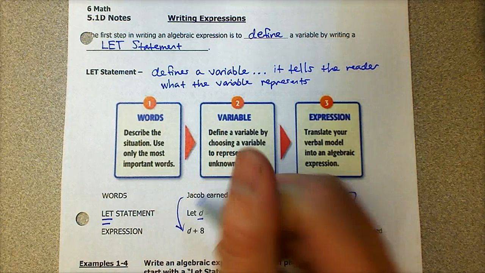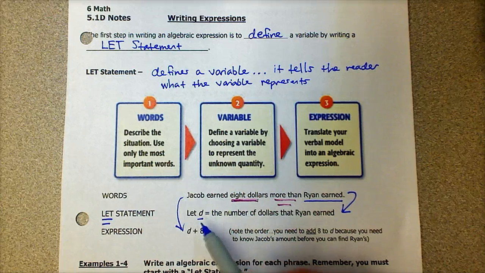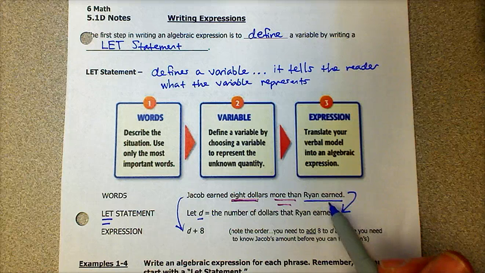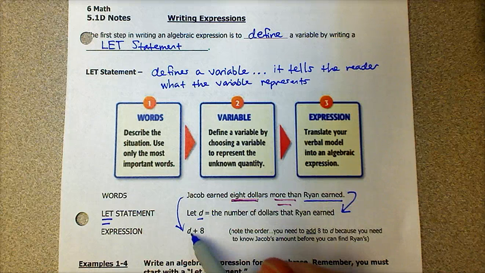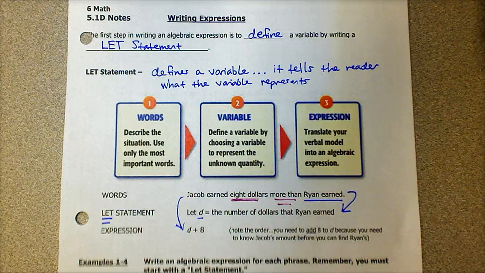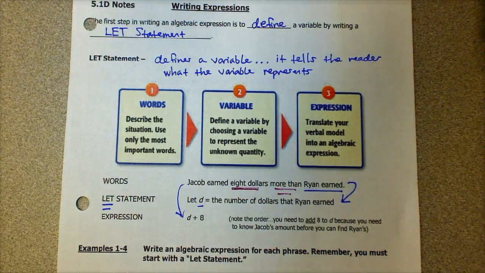I come up with a variable to represent my unknown quantity, in this case how much Ryan earned, and then I use operation symbols and numbers to finish my expression with that variable. So what we're doing today is we're not actually evaluating, we're not going to get any numbers for our answers, we're just going to translate word expressions to algebraic expressions.